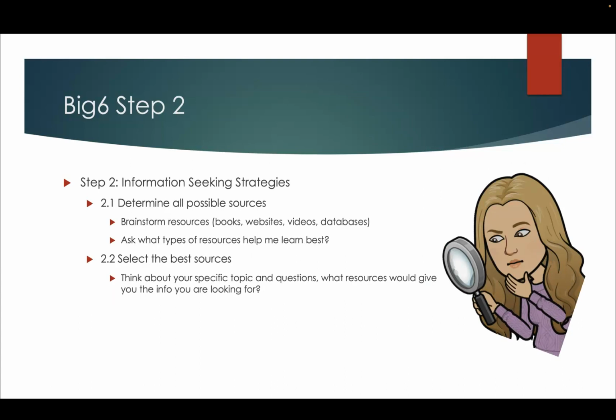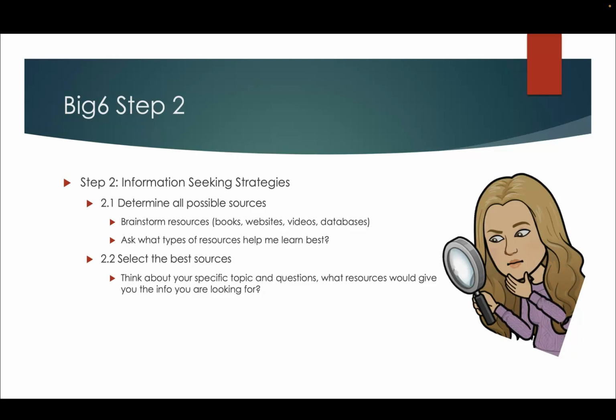The next step is where you are going to be seeking information. So we have information seeking strategies. 2.1 is you're going to determine all possible sources. So you're going to first brainstorm, write down a list of different possible resources. Are you familiar with any books, websites, videos, databases? Where else can you get information?